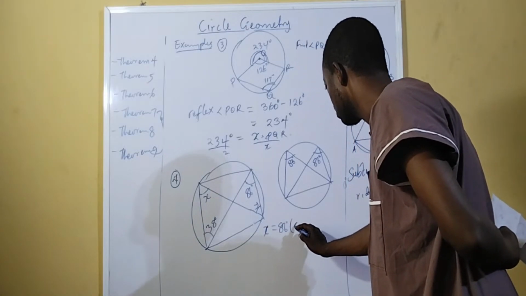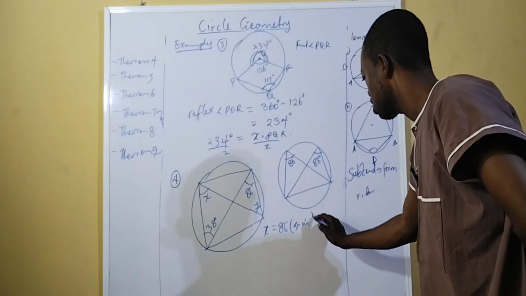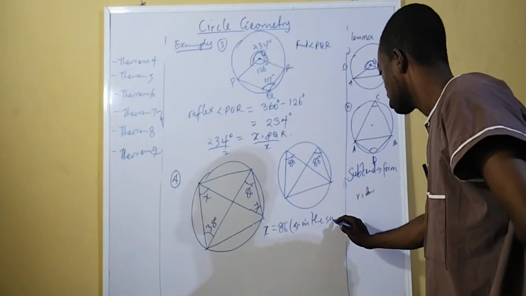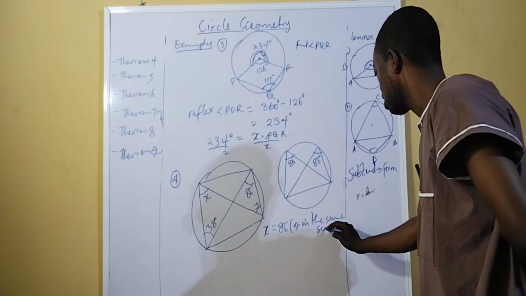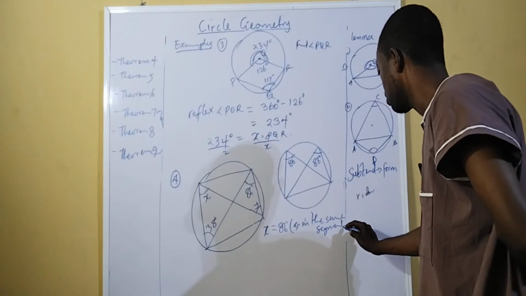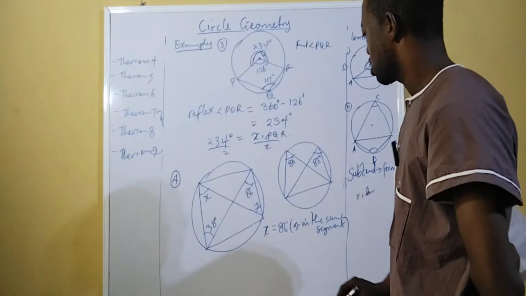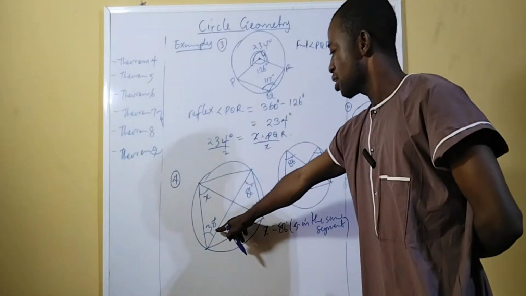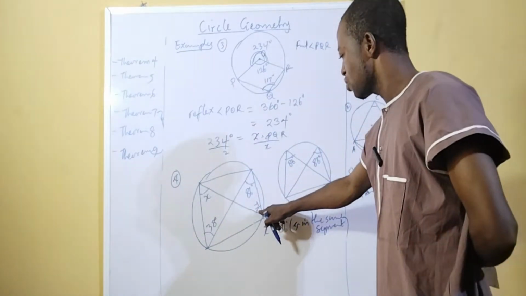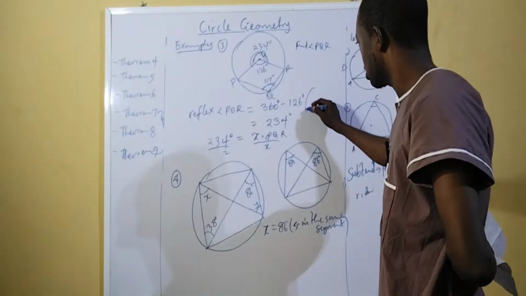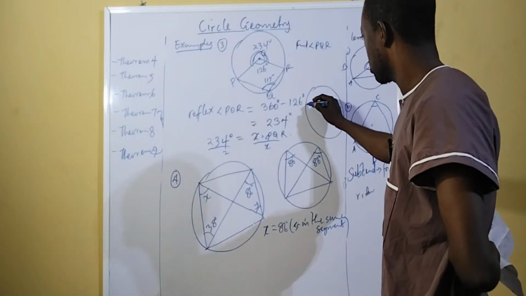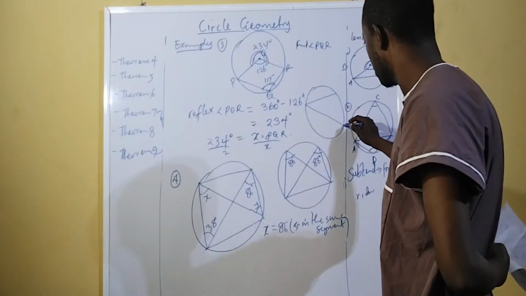You can say angles in the same segment. Angles in the same segment are equal. Then same thing here. This is 38 degrees. This also lies in the same segment. When you look at it on the other side, this chord here form two angles.